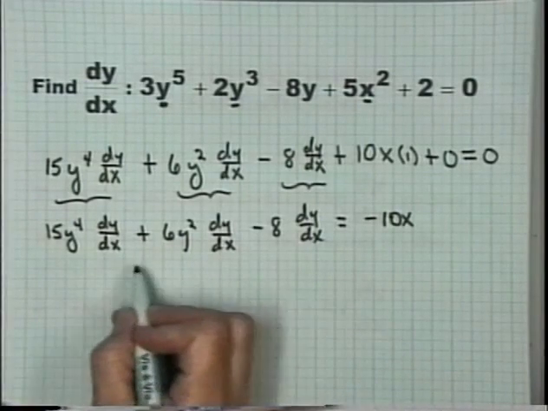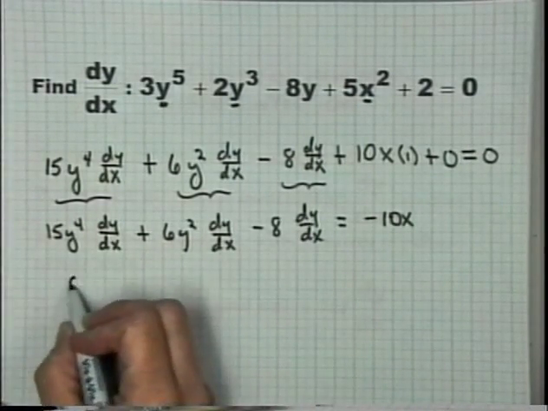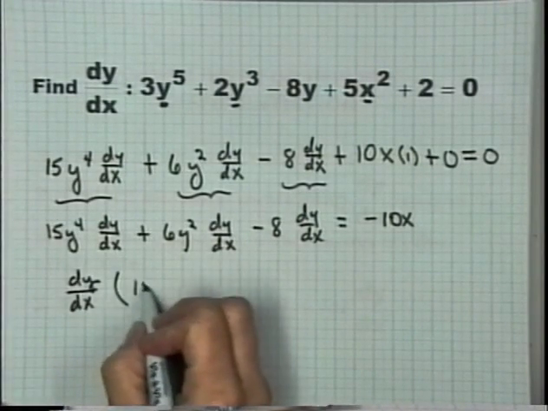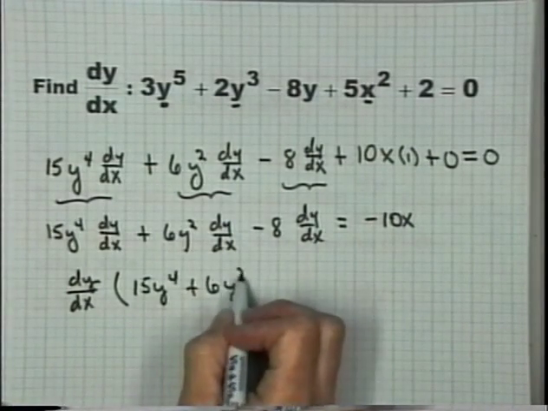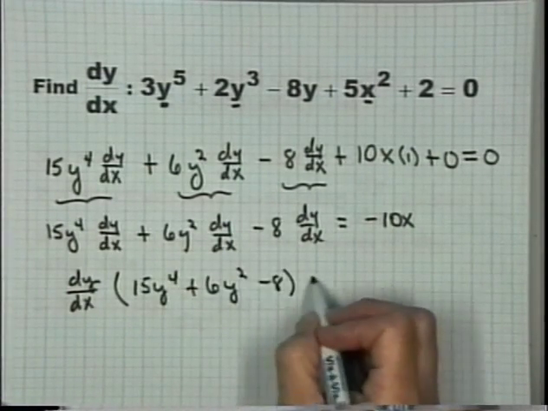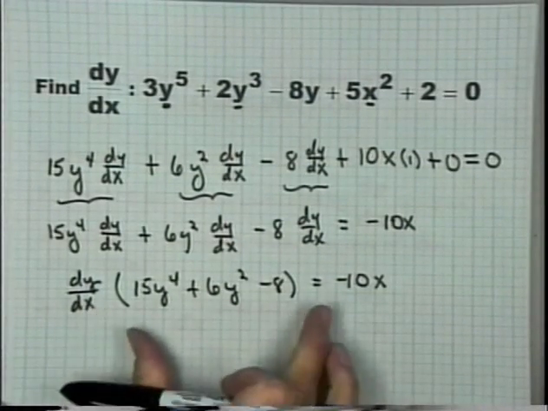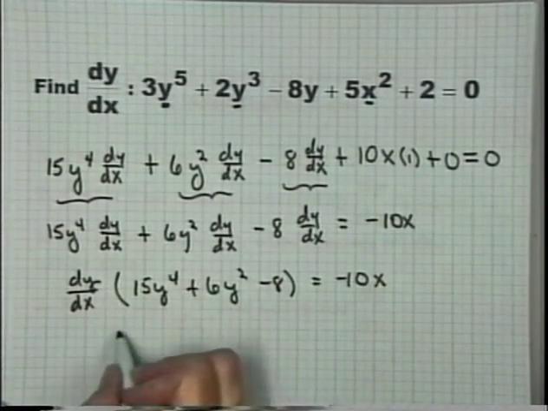Now I've got all of the dy dx's isolated on this side, so now I can factor out the dy dx. So I'm going to factor that out. That will leave me 15y to the 4th plus 6y squared minus 8 equals the negative 10x. Now since dy dx is times all of this, if I divide by this quantity, I'll get dy dx by itself.